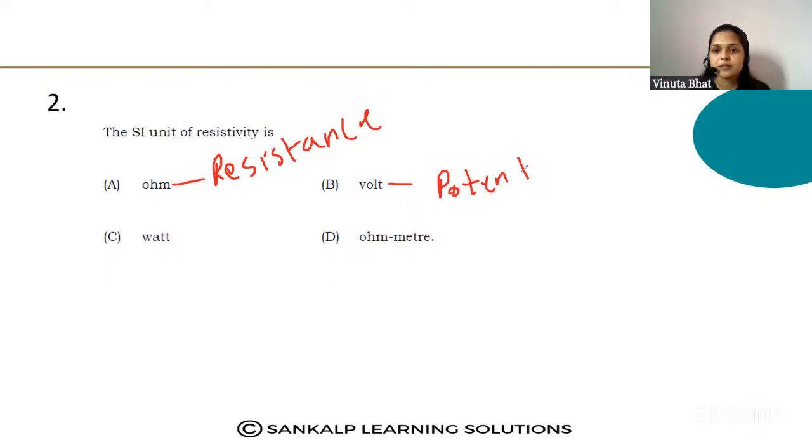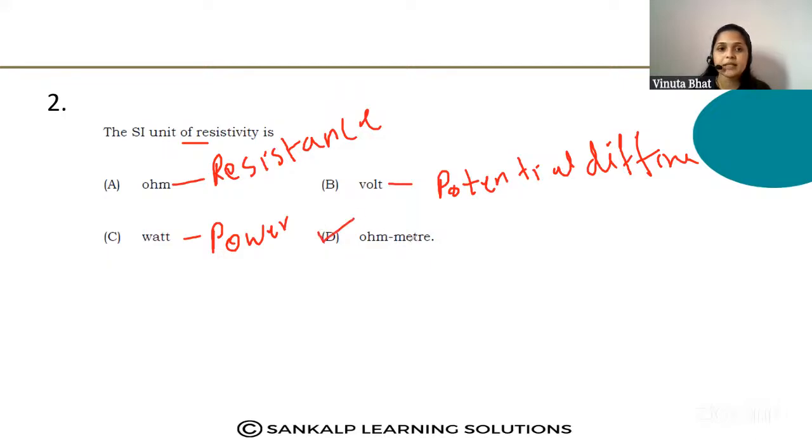Watt is the SI unit of power. Then the correct answer is option D, ohm meter. Ohm meter is the SI unit of resistivity.